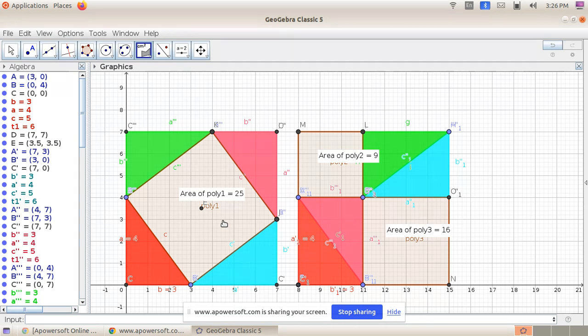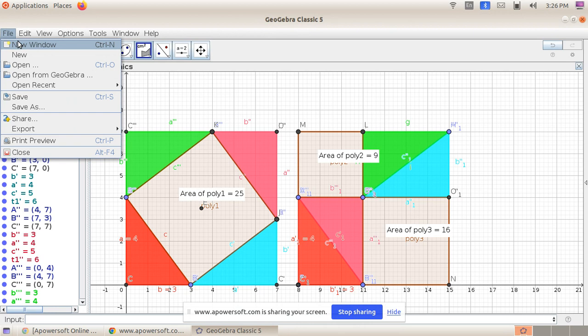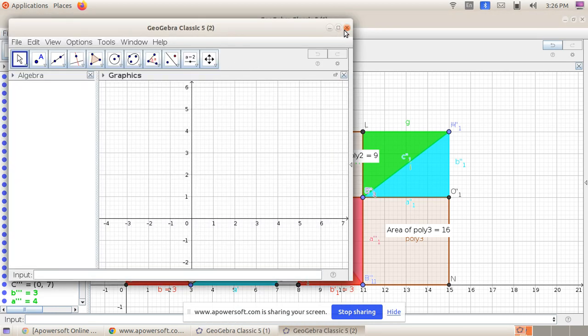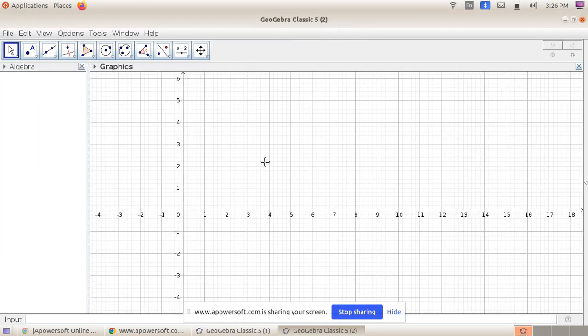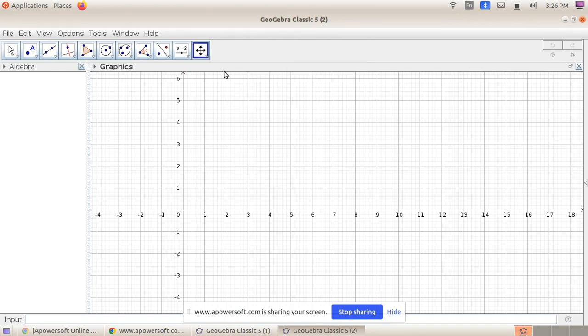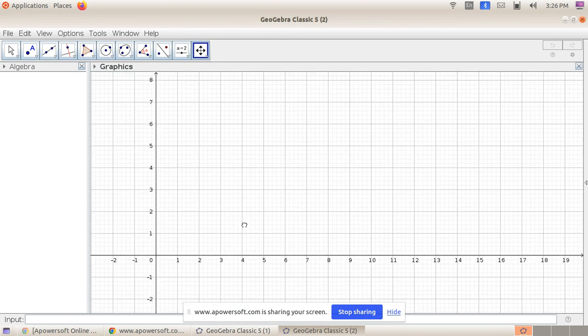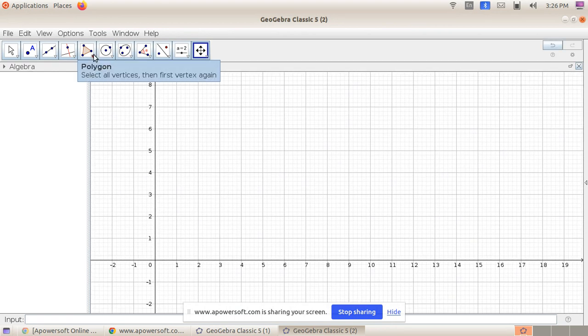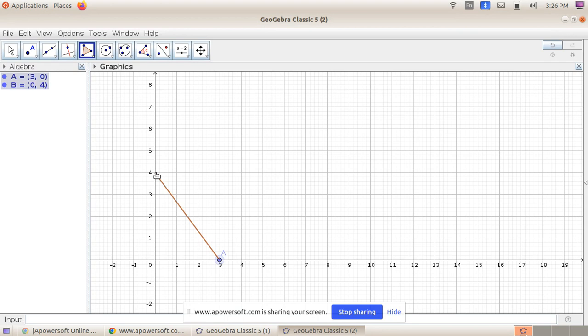And another way that I am going to show, for that I am taking another file, new window. I am going to select that. That is the simplest way to prove the Pythagoras theorem. For that, first of all, I am plotting a polygon from 3, 4, 0, and 3.